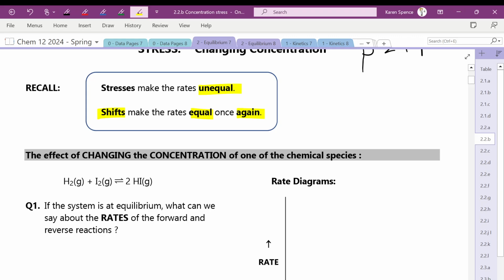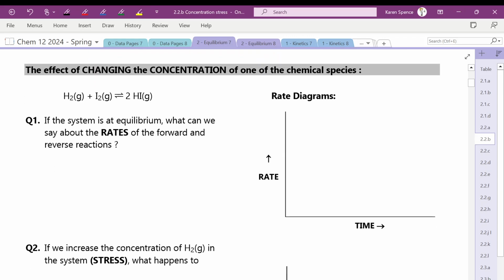So let us take a look at this system. It is at equilibrium. What can you say about the rates of the forward and reverse reaction? They are the same. The forward rate is equal to the reverse rate.